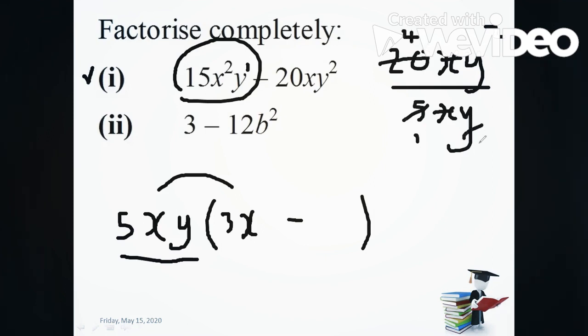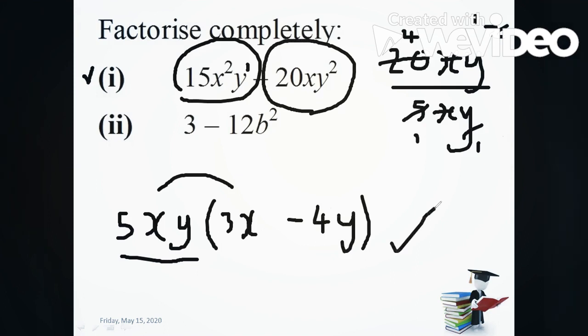We have 1y at the denominator, so that 1y will cancel out those two y's at the top, or we just subtract 1 from 2. So 5xy into 20xy squared turns out to be 4y. And that's our answer for the first part.